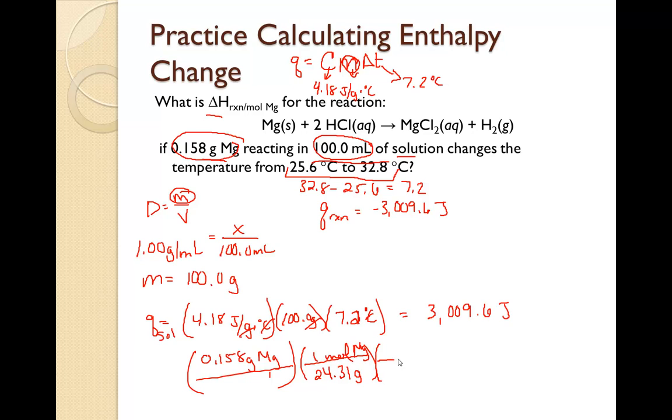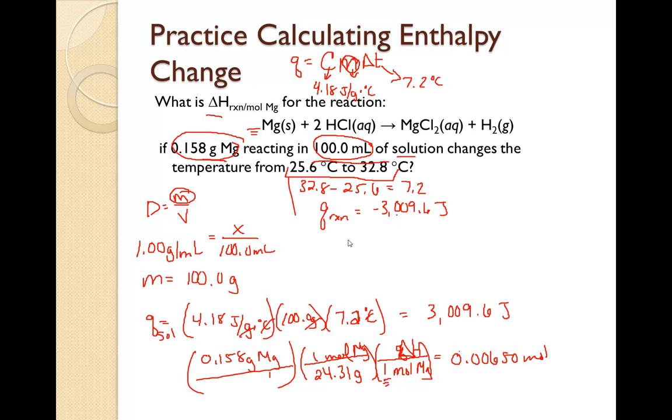Now let's take a look at the chemical reaction. The coefficient for magnesium is 1. For every 1 mole of magnesium, we have the delta H. We have the enthalpy. I'm putting that there to make sure that you realize that if there was a 2 or a 3 there, you'd have to divide it out. That comes out to be 0.00650 moles. Alright, so we have the Q and we have the moles.